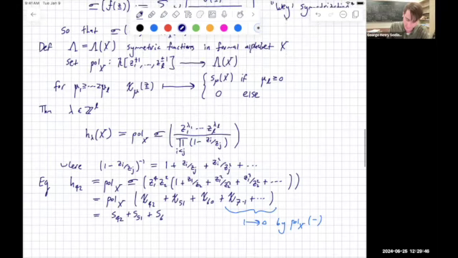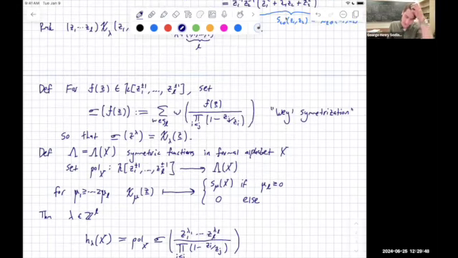So yeah, you're very astute here. This factor right here is not a geometric series. Because of the construction, we're going to end up getting honest divisibility.